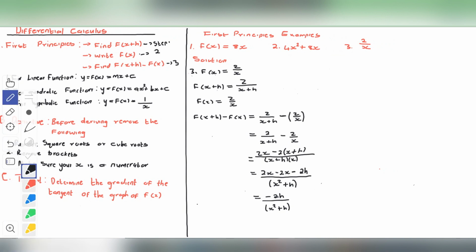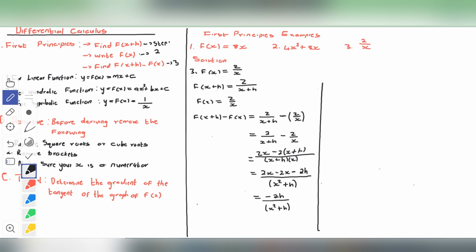Okay, as we can no longer simplify further, I said we should do what? Now we are going to introduce the equation. Let me just write a line here so that you can see that now we're going to continue on the other side. So as we are now done simplifying, we are left with negative 2h all over x squared plus h.